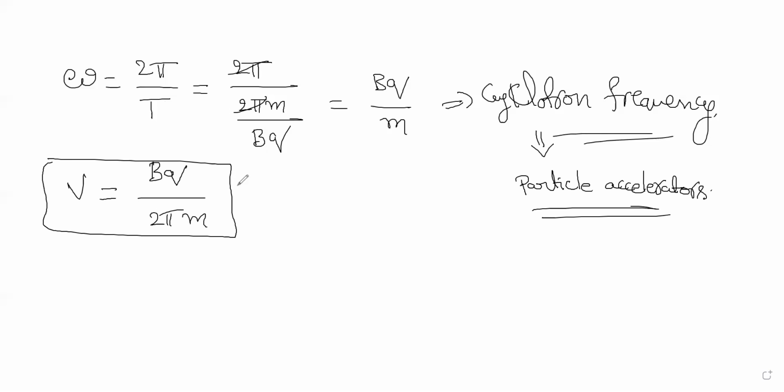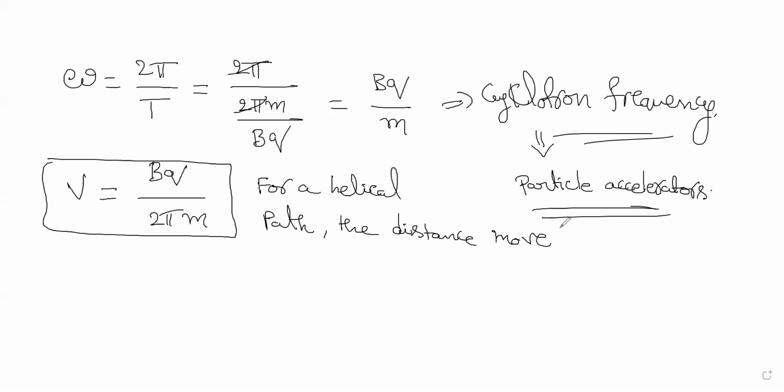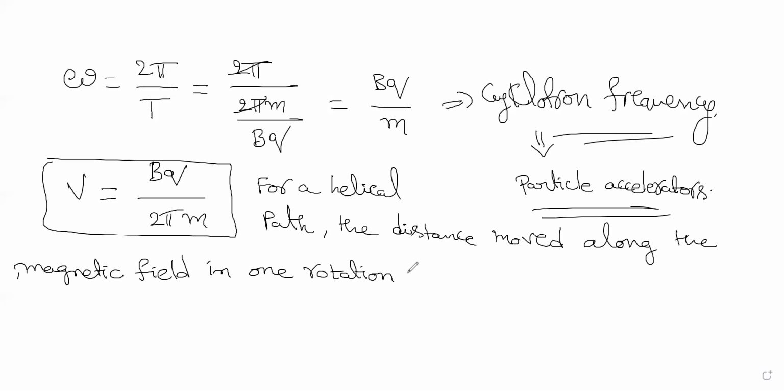And we have another parameter for a helical path. For a helical path, the distance moved along the magnetic field in one rotation is called pitch.